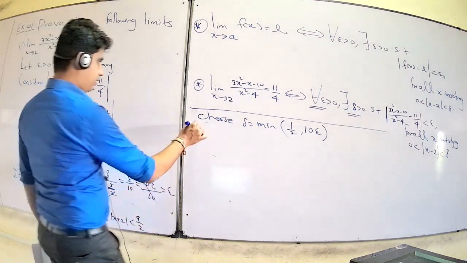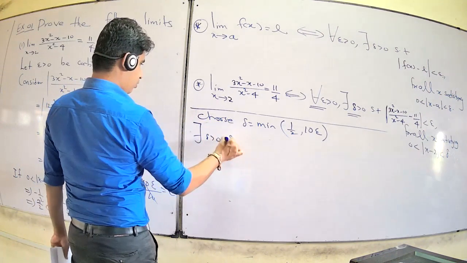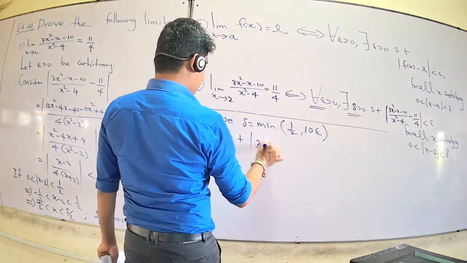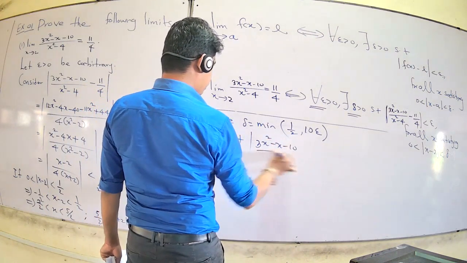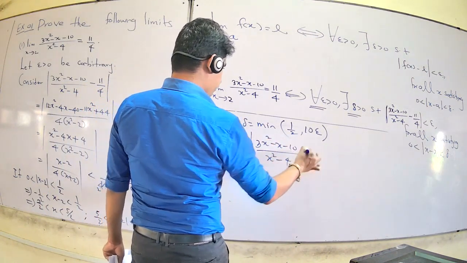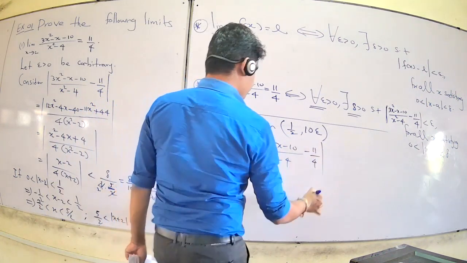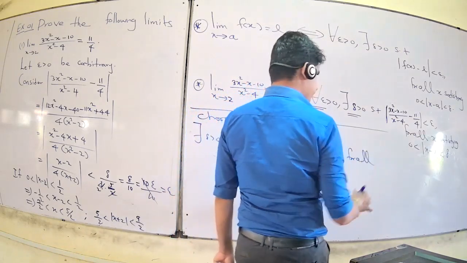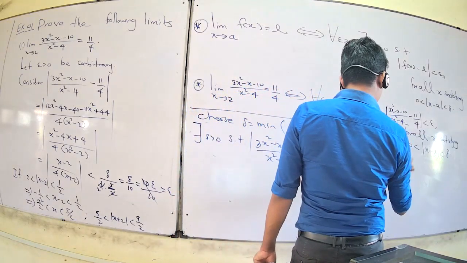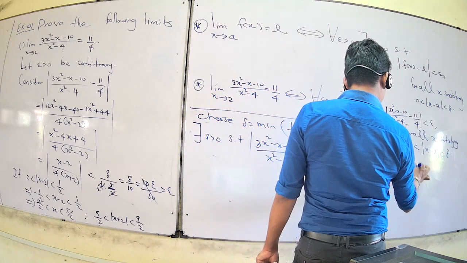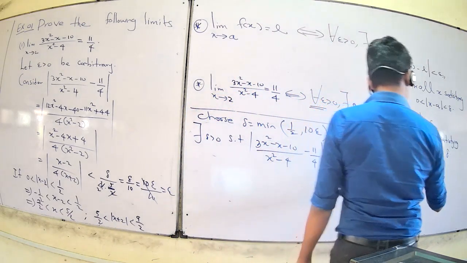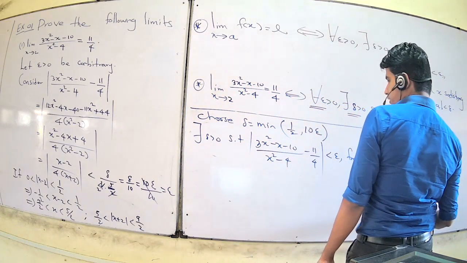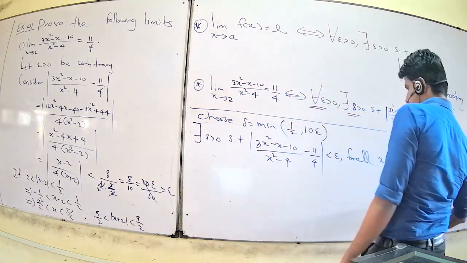That is, there exists delta greater than 0, we will prove. We prove this condition: delta greater than 0 such that (3x squared minus x minus 10) over (x squared minus 4) minus 11 by 4 is less than epsilon for all x satisfying 0 less than the absolute value of x minus 2 less than delta, okay.